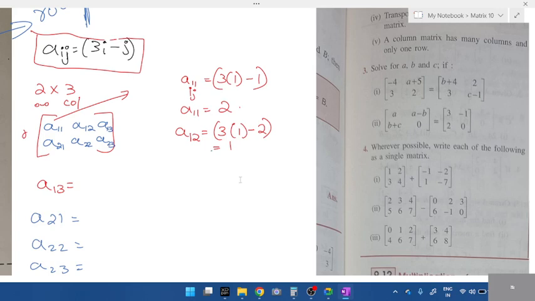Completed? Okay, so that is the answer, students. A11, replace it with the original matrix.